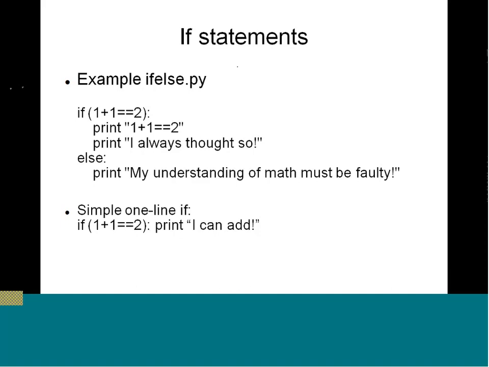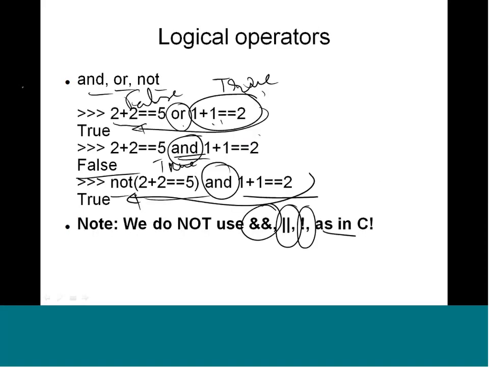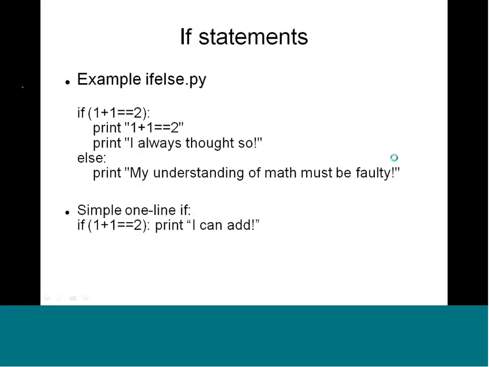Even though we said we won't use the double ampersands, there are single ones that are used, which are mostly used for the bitwise operators. We will talk about that a little later.